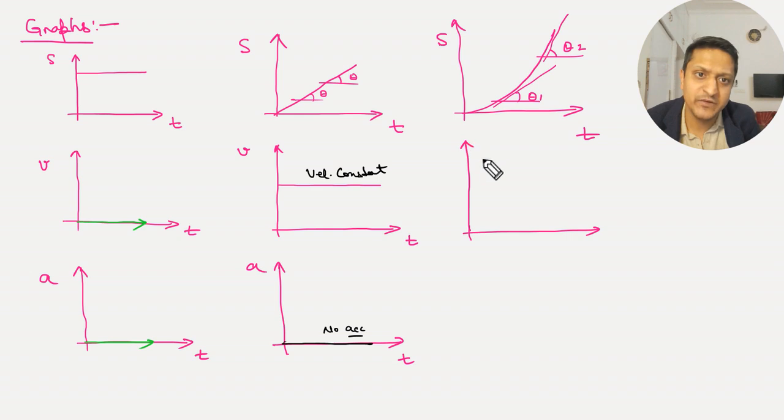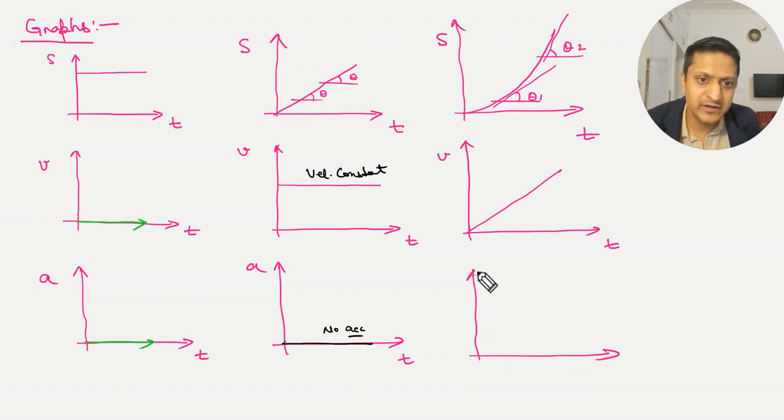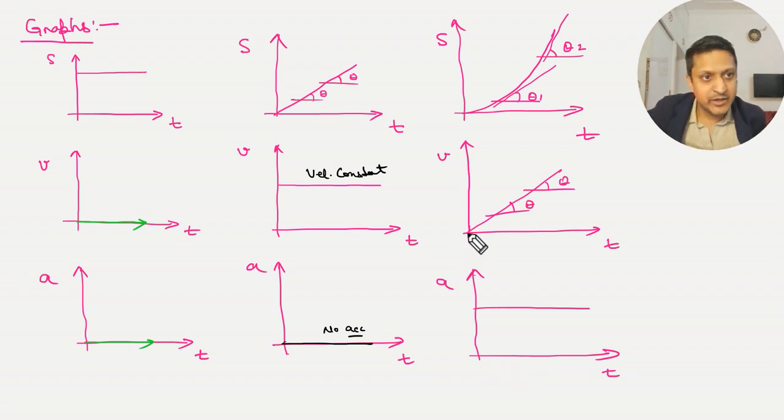If the slope is increasing, the v-t graph will be like this. The slope of the v-t graph, this theta and this theta, is the same, so the acceleration will be the same. Hope you got all the graphs here.